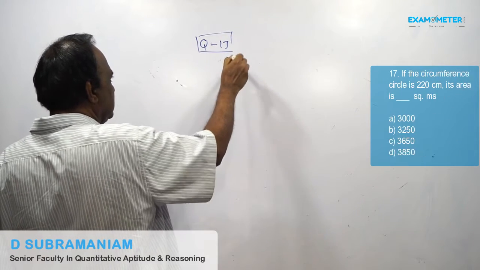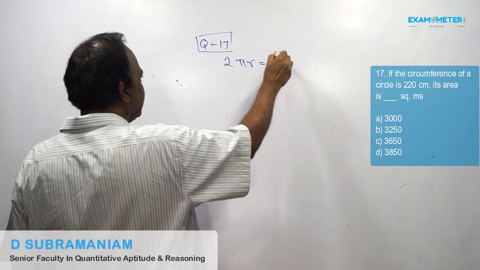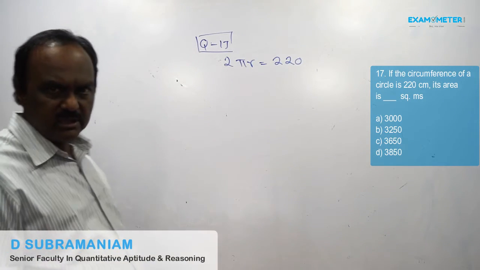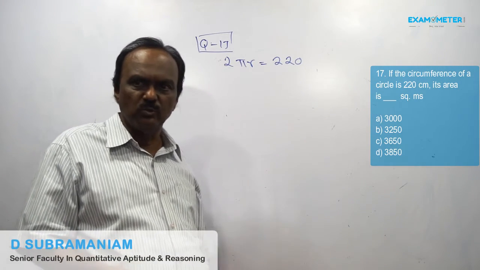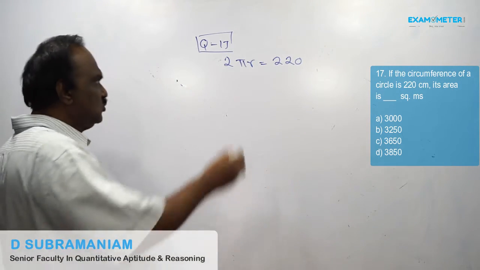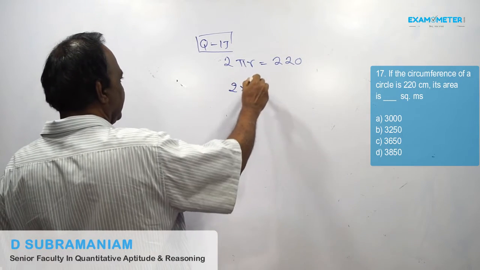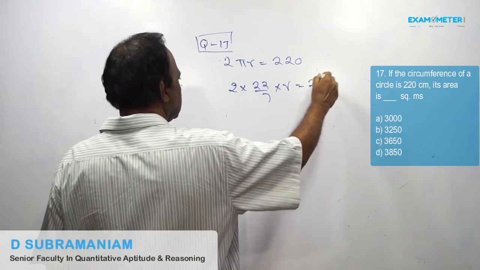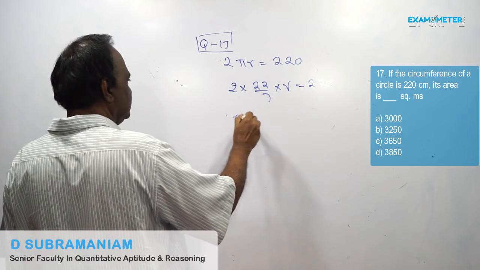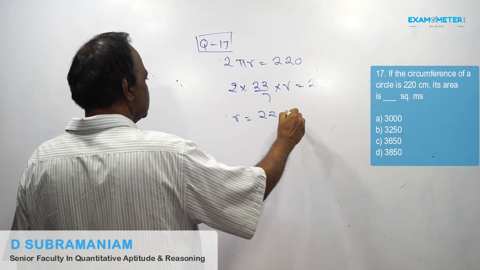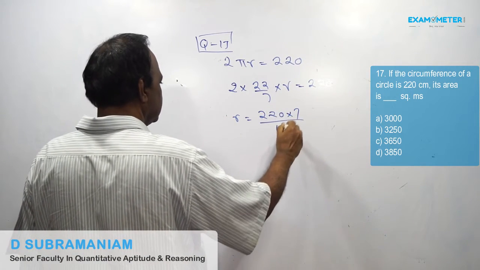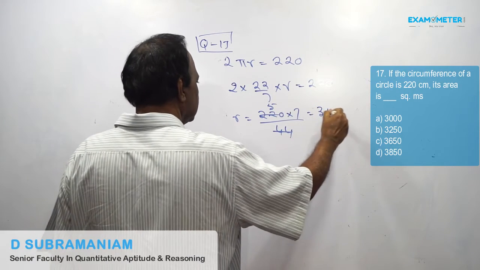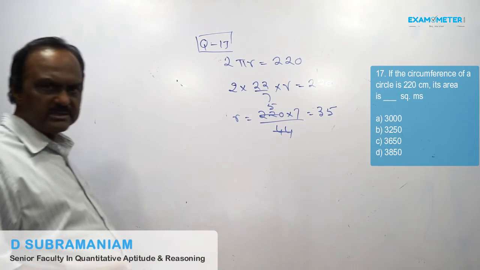Circumference of a circle formula is 2 pi r. This is given as 220. So R is 35.